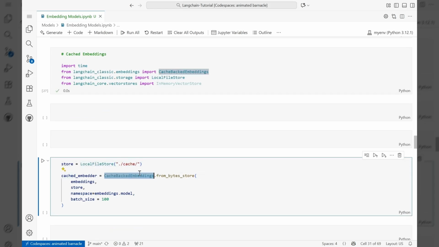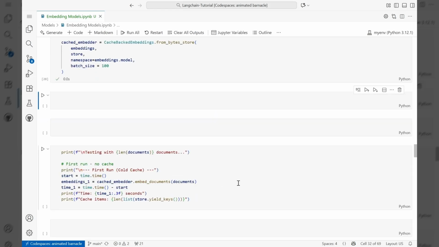Then I'm creating a caching embedding. First I am passing my embedding model, then my location where I will store, then the namespace. Namespace is used as a prefix to my cache keys, just to avoid confusion between multiple models. And batch size is how many documents to embed before you write into the cache. Okay, let me run this.